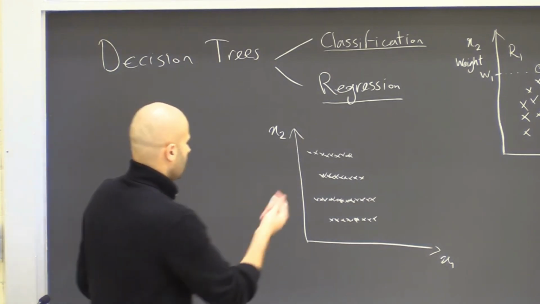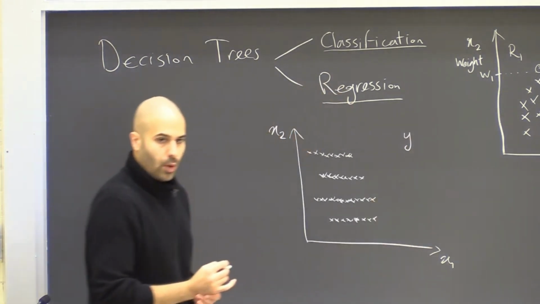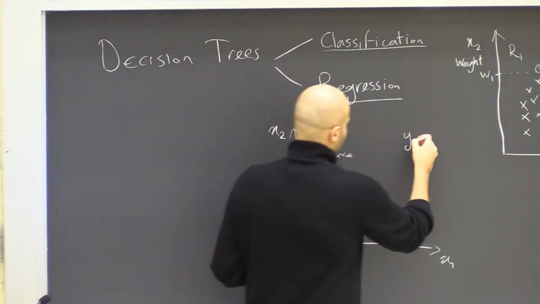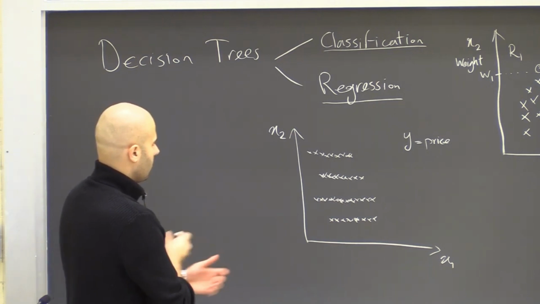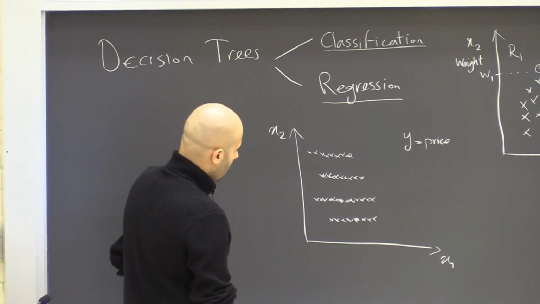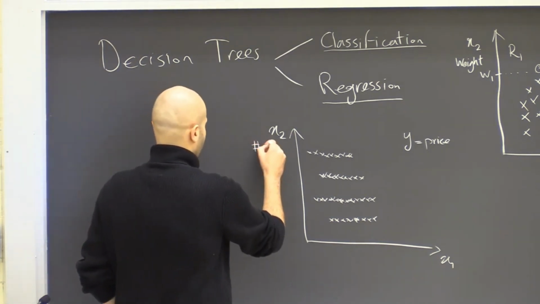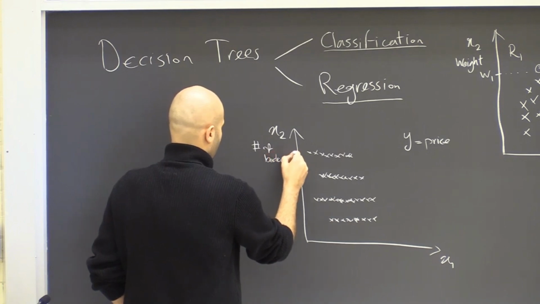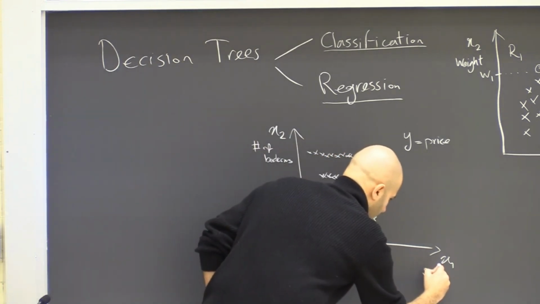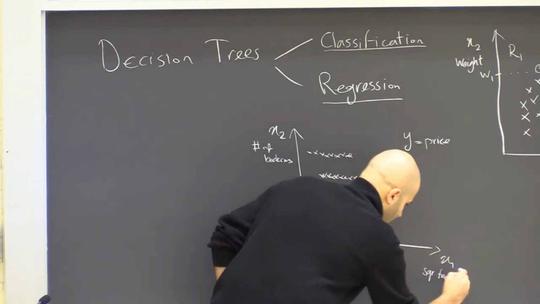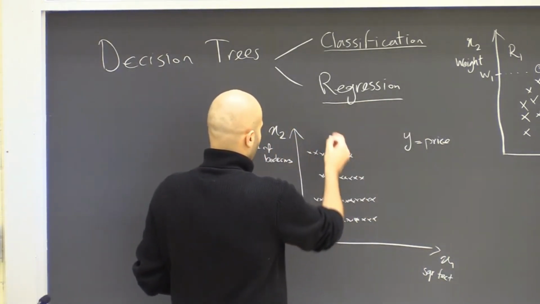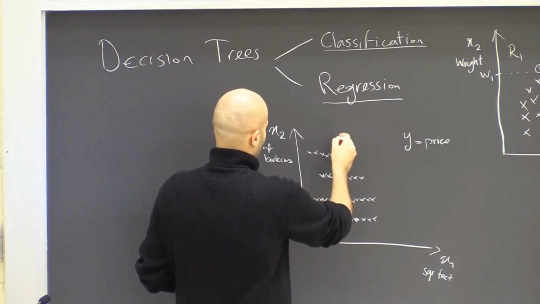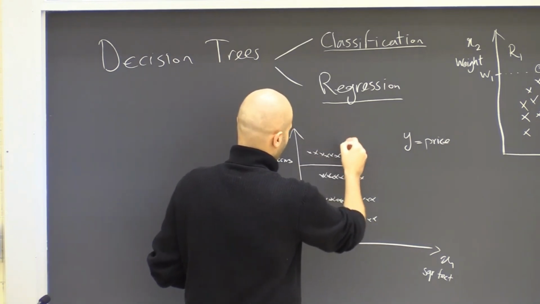And there's also some quantitative variable or response, y, which is price. So we want to predict price based on these features. So this is, let's say, number of bedrooms, and this is the square feet. Here, again, with a couple of horizontal and vertical lines, we can segment this feature space.